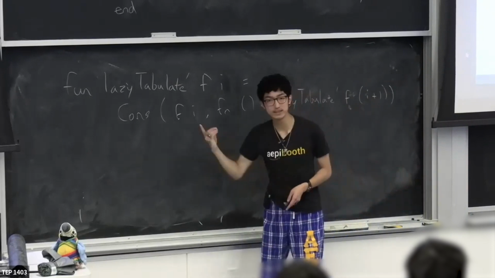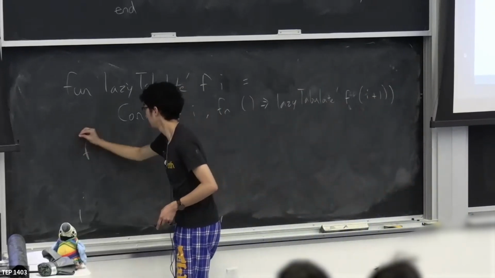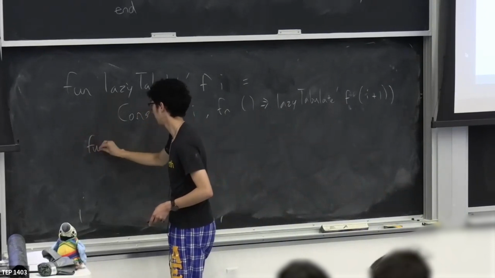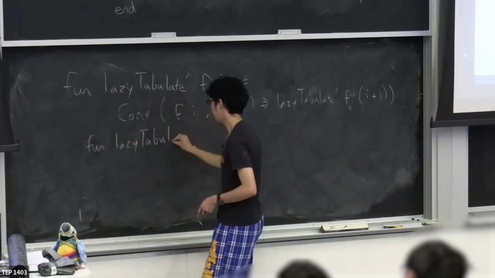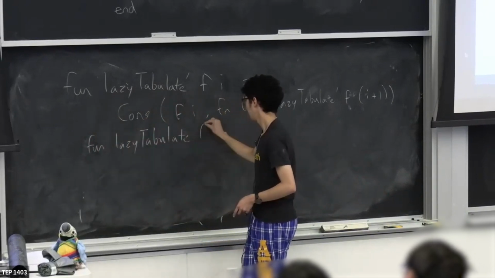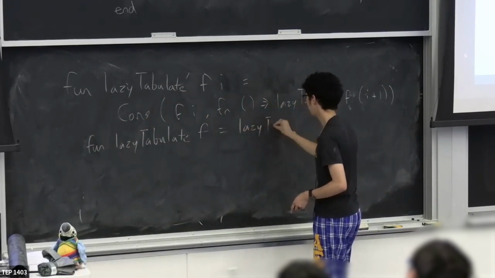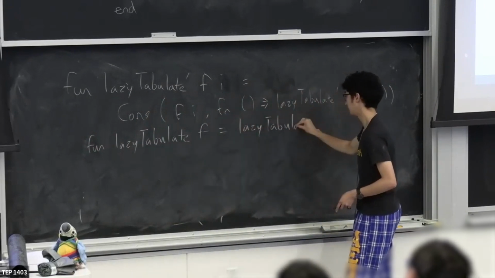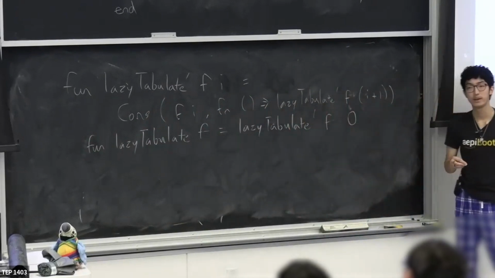And then if I wanted to define lazy tabulate, I can't do it that way. Sad. I could partially apply it, but I can't actually. So lazy tabulate of f is just going to be lazy tabulate, which is a really long function name, I realize now, prime given f given 0. Okay? Does that make sense to everyone?